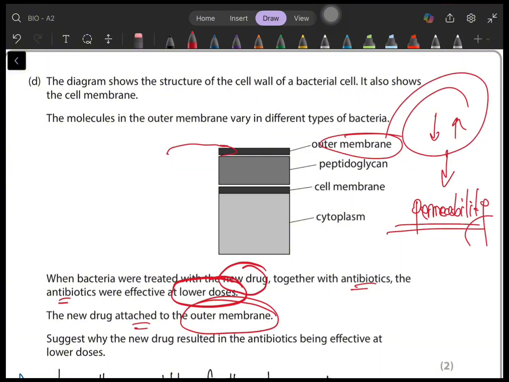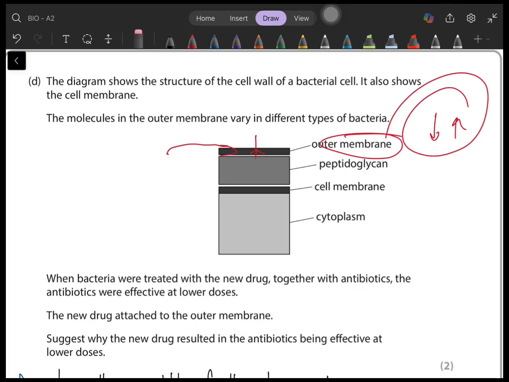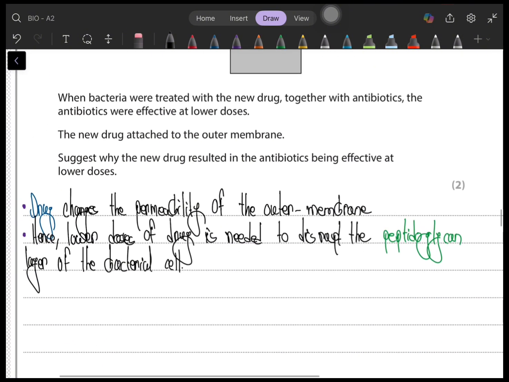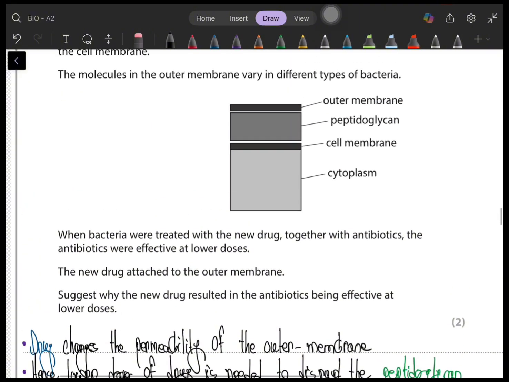As this drug attaches itself to the outer membrane, it would affect the permeability of the membrane and hence the movement of substances into and out of the cell, and as a result the antibiotic could efficiently destroy it. So I have said that the drug changes the permeability of the outer membrane, hence lower doses of the drug are needed to disrupt the peptidoglycan layer of the bacterial cell.